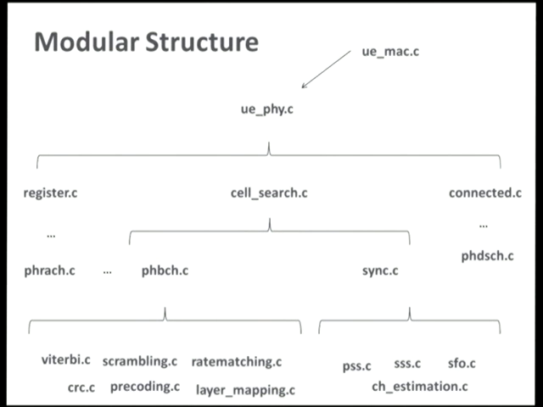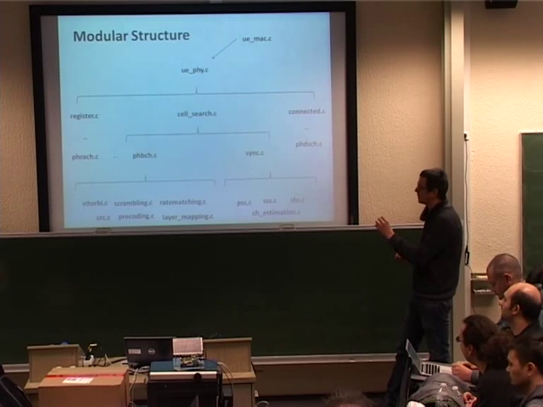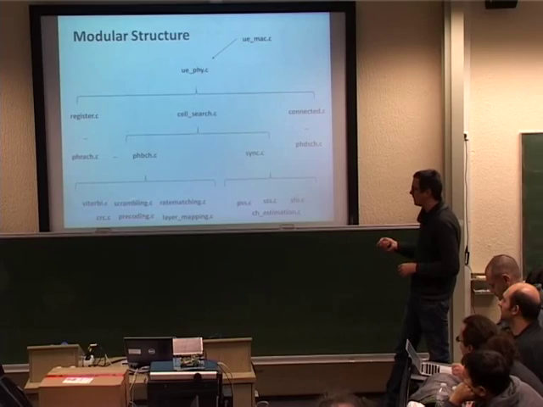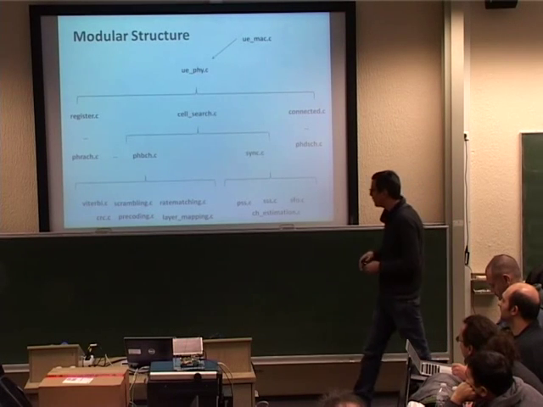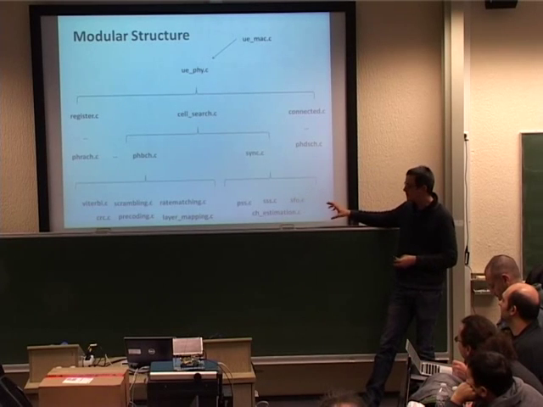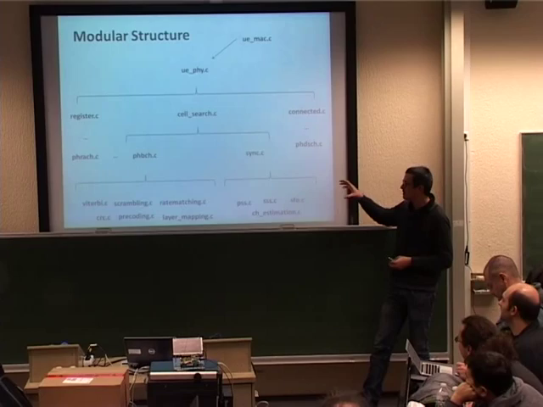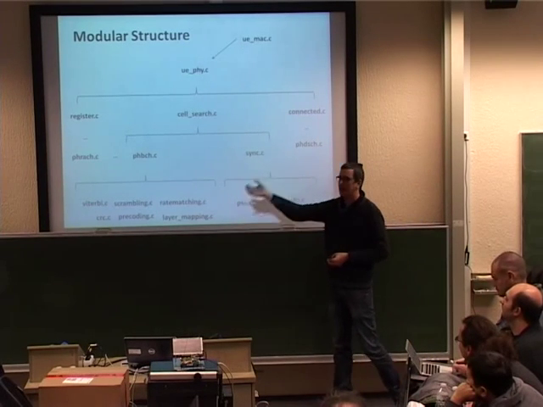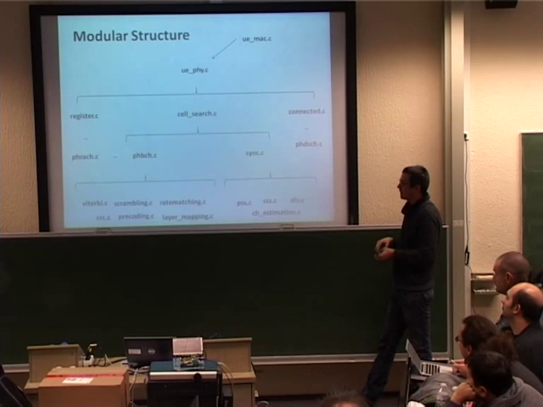This diagram shows a little about the modular structure of the library. At the bottom you have small modules, each implementing a DSP block. For instance, the Viterbi, the scrambling, the rate matching, or the CRC. These modules have minimal intermodule dependencies. So if you are only interested in the precoding of the LTE, you can take this file and move it to your application.